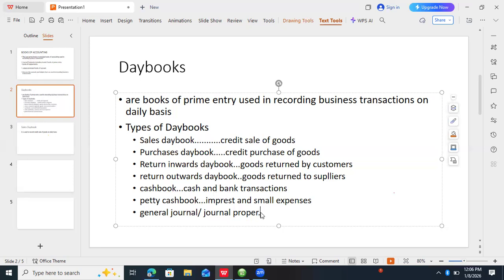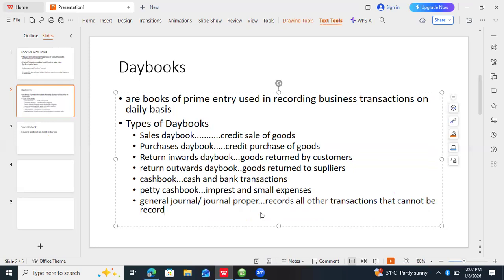Then the general journal is used to record all other transactions that cannot be recorded in the other daybooks. So professors, I think I have an assignment here for you.